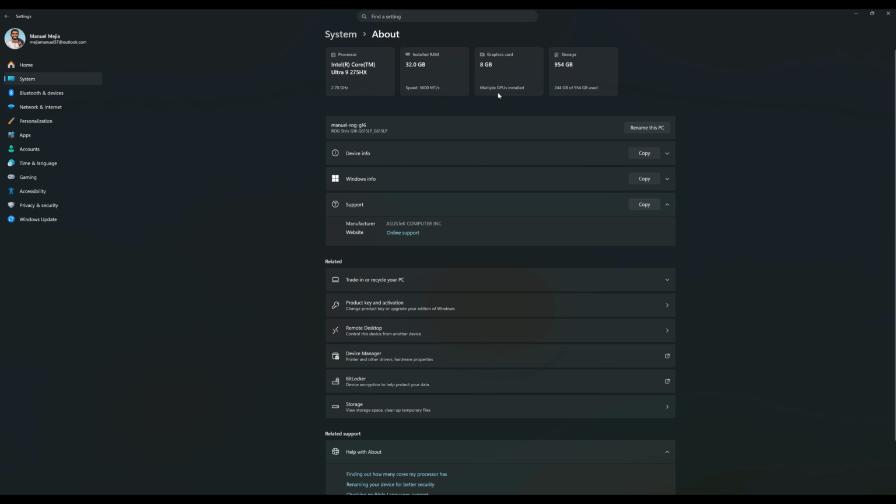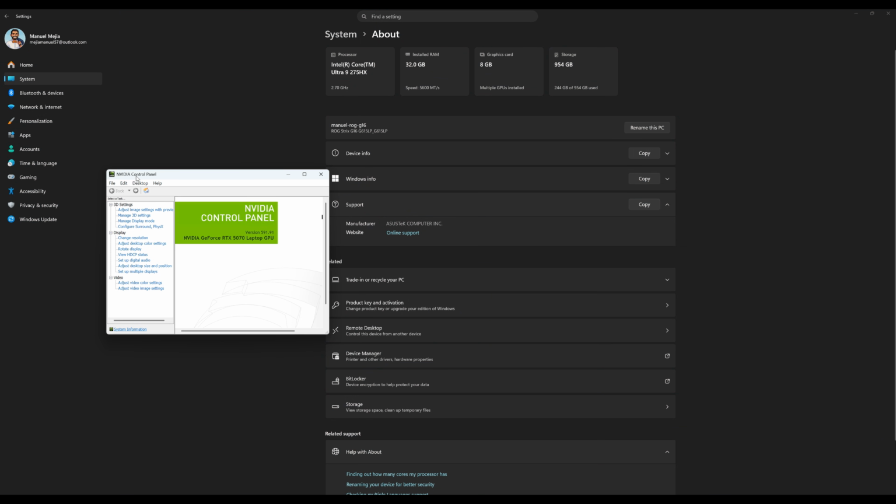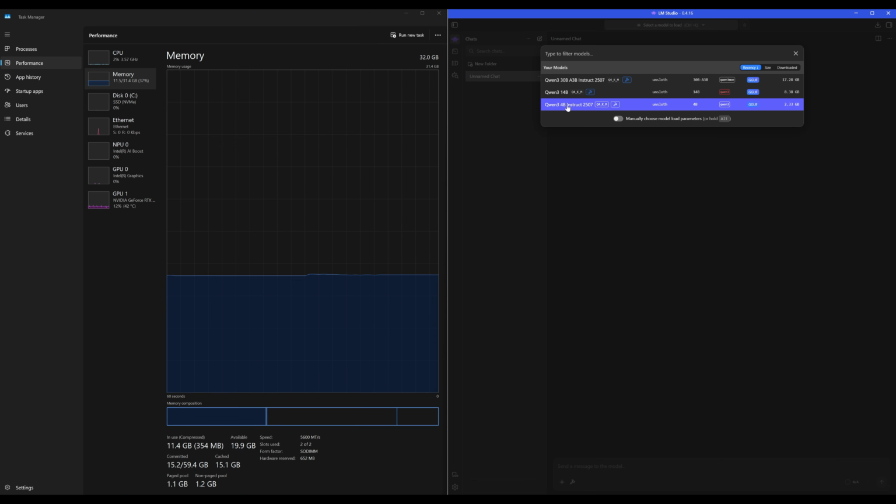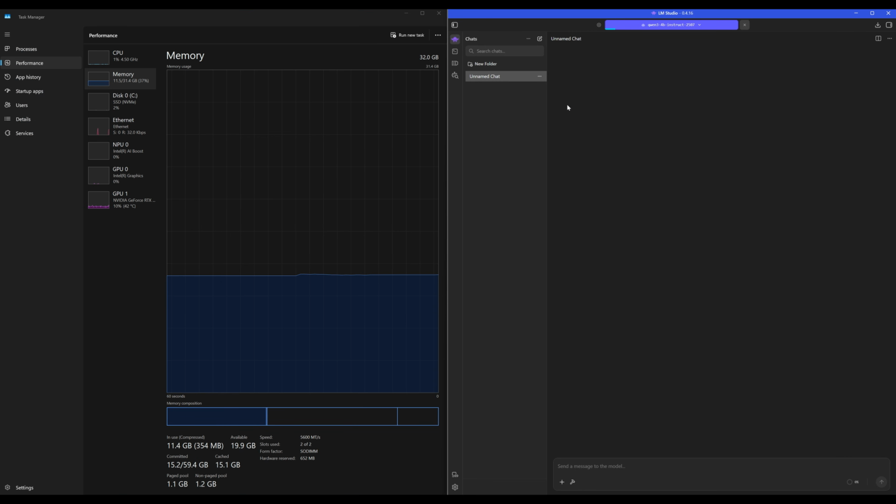And now moving on to our last machine, an ASUS gaming laptop. This one has a dedicated GPU, 8 GB of VRAM. It's an NVIDIA GeForce RTX 5070 laptop GPU. Let's pick up our first model, the Qwen 3 4 billion params.